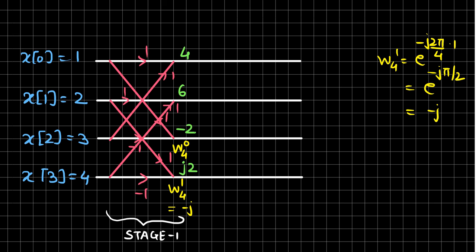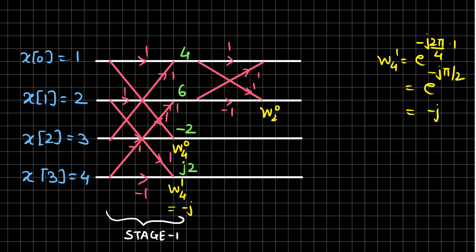So this is our stage 1, and the stage 2 is the 2-point DFTs. So for that we are going to combine these 2 points and these 2 points. So we have the butterfly structure like this. We have the scaling factors as 1, 1, 1 and minus 1 here, and the twiddle factor as W2 to the power 0.